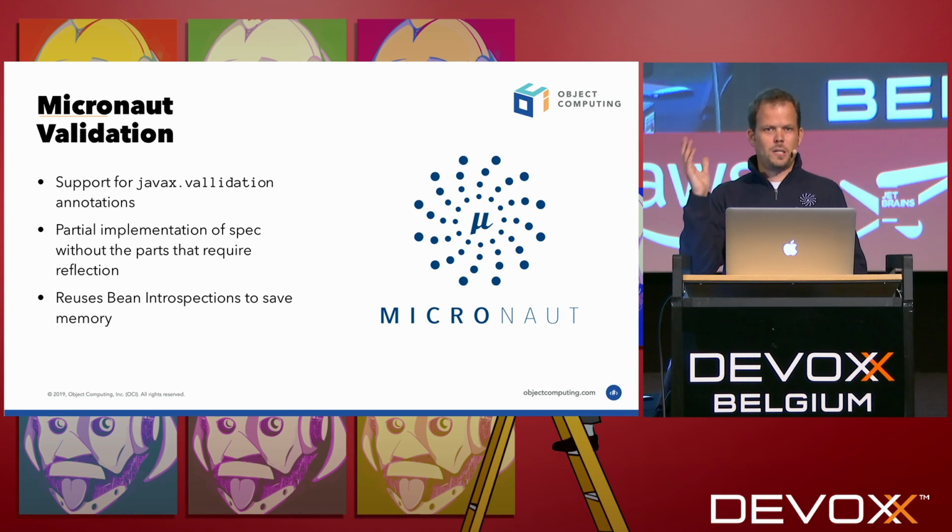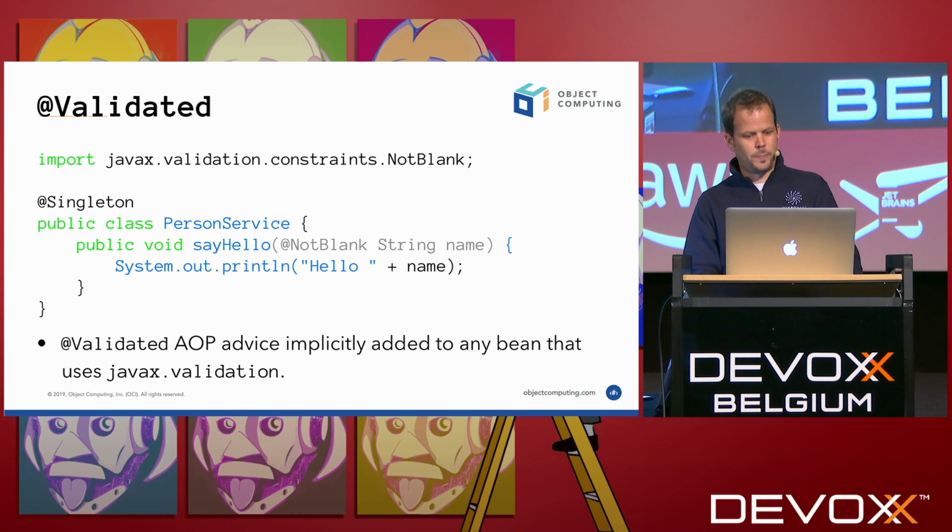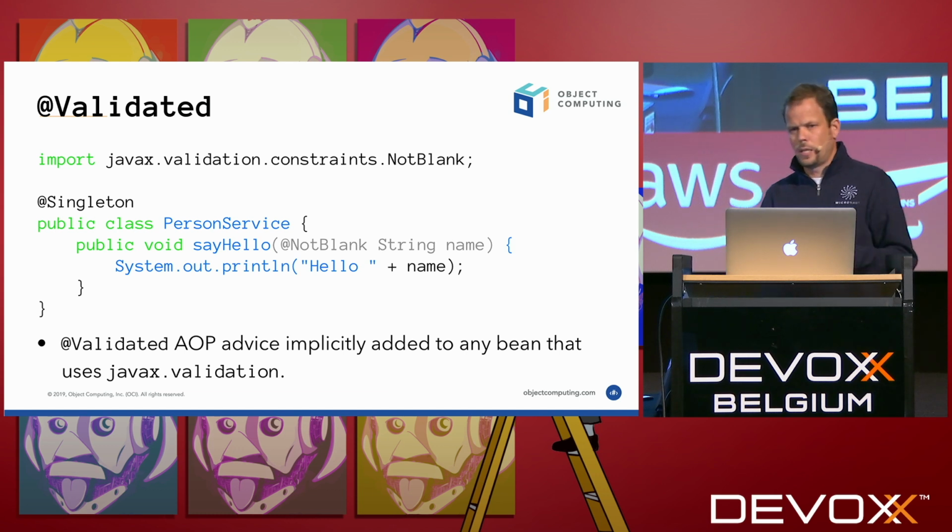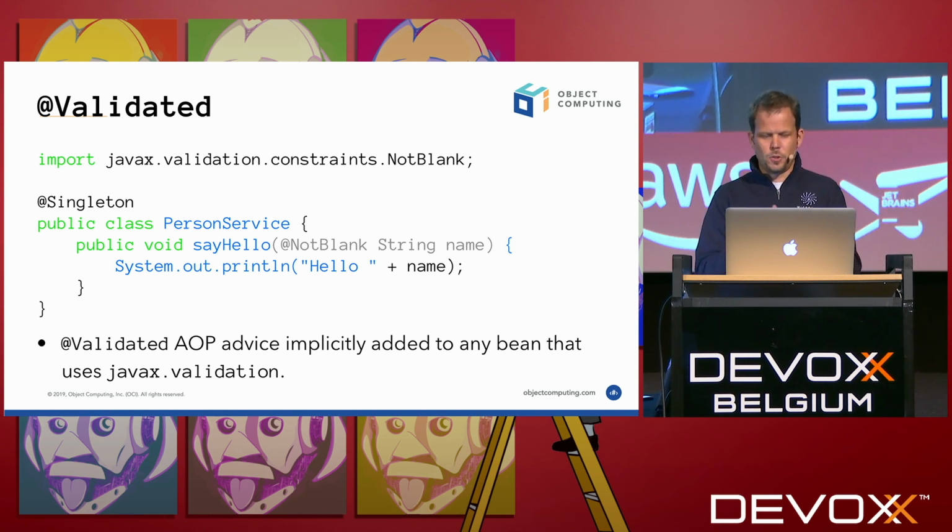The proliferation of these is the stuff of nightmares for me, trust me. So yeah, add @Validated, you can add onto any class your validation constraints, and they get validated at runtime.